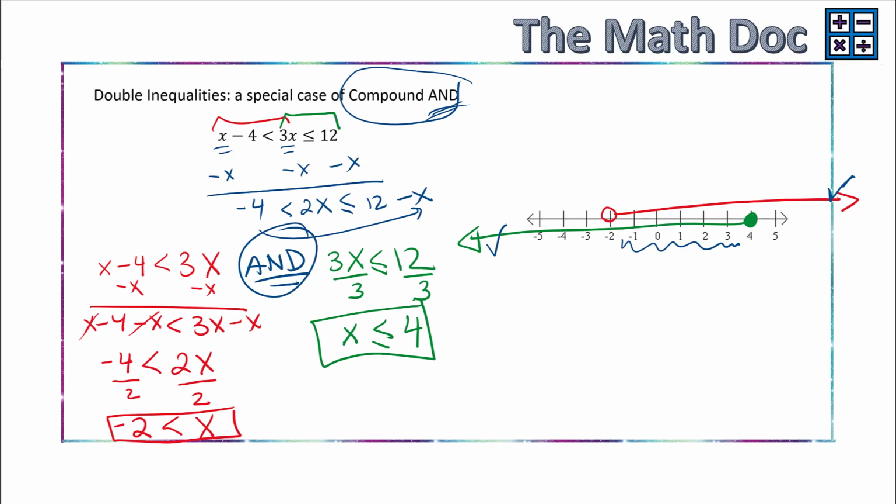So our x's are between -2 and +4, including the boundary at 4. So for any x within that interval, we satisfy this compound inequality, which was written up initially as a double inequality right here.